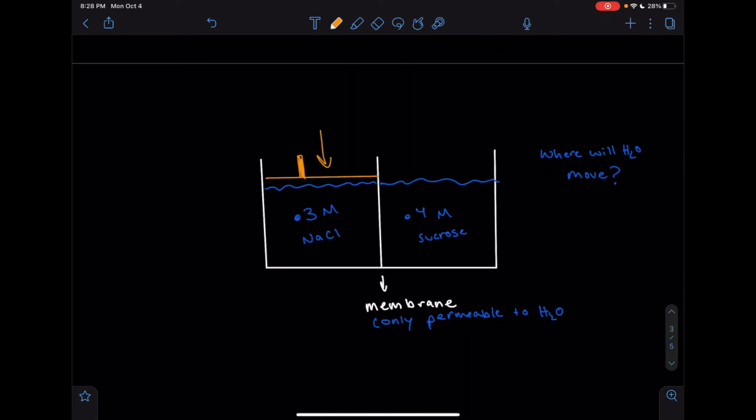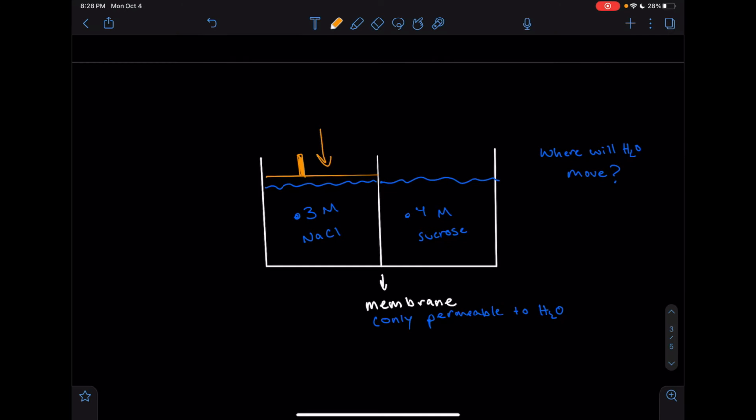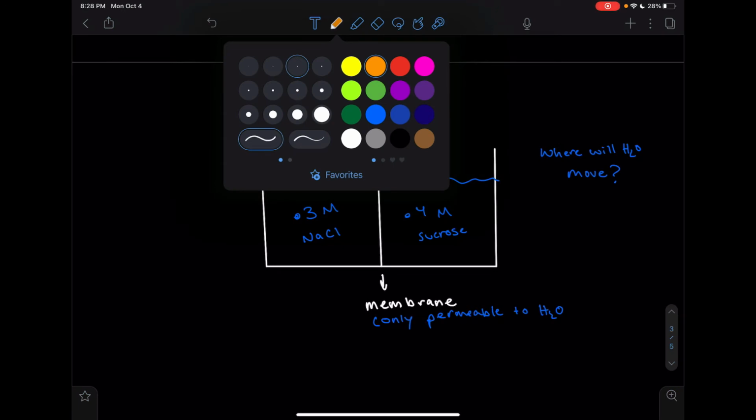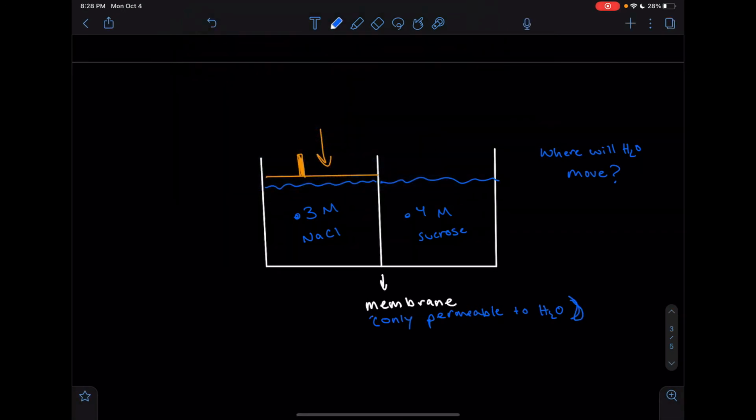Let's use an example to try to visualize all of this a little bit better. Let's say we have a membrane, again, only permeable to H2O, okay? Only permeable to H2O. And we got 0.3 molar of NaCl and 0.4 molar of sucrose.